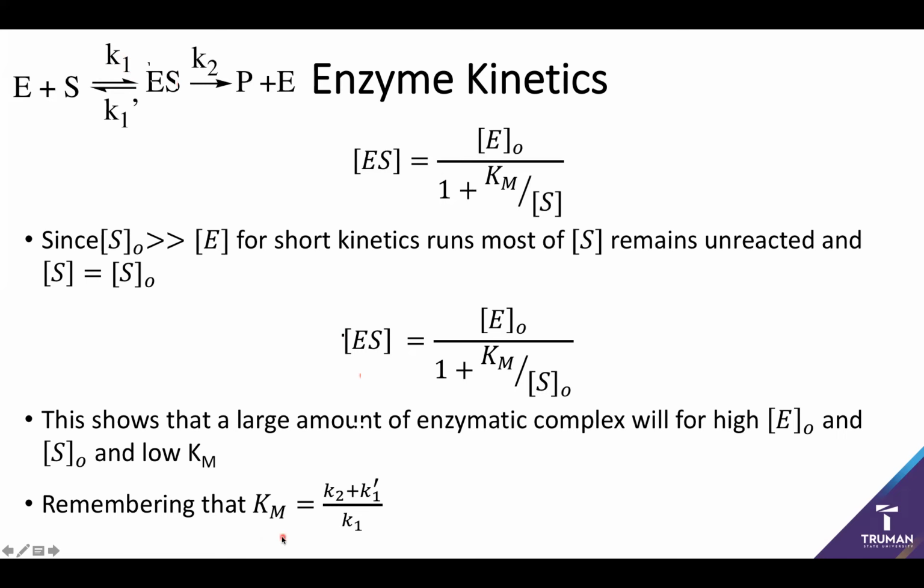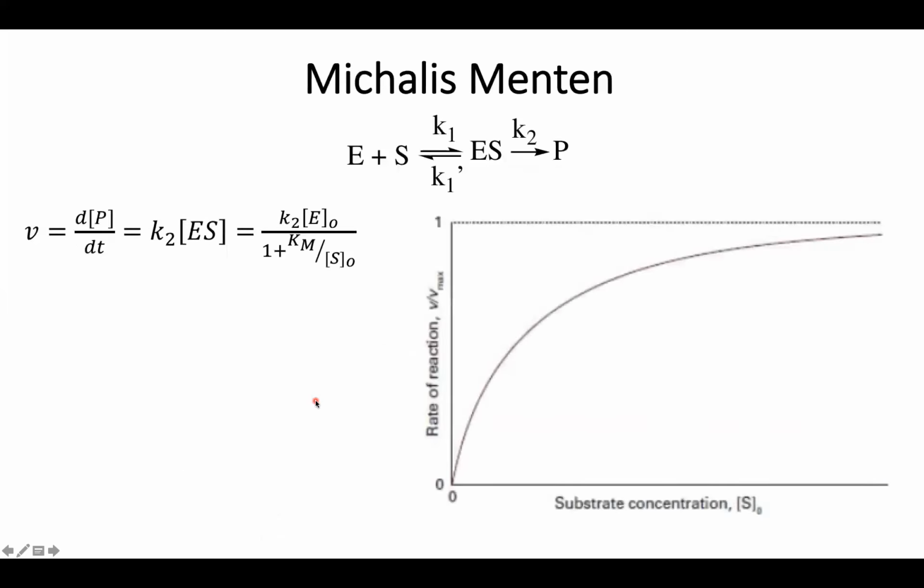But this brings us to the question of, well, why was I trying to determine the concentration of the enzymatic complex again? And for that, we need a quick reminder that the rate of reaction, or in this case, the generation of my product, is going to be given as the rate constant for the second step of the reaction.